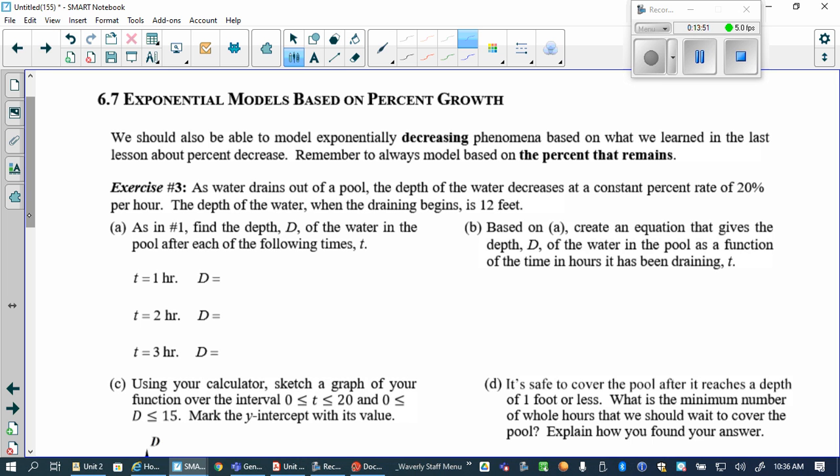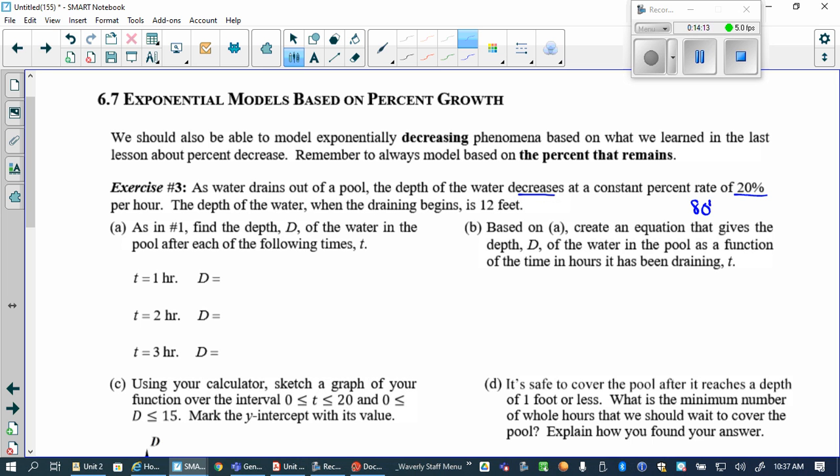So, exercise 3, you got water draining out of the pool. And what rate does it decrease, everybody? 20%, right? So it decreases at 20%. Okay? What remains, by the way, if it decreases at 20%? 80.